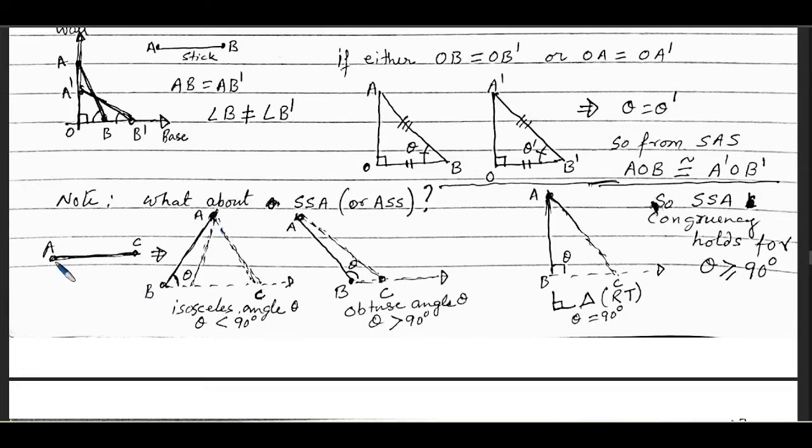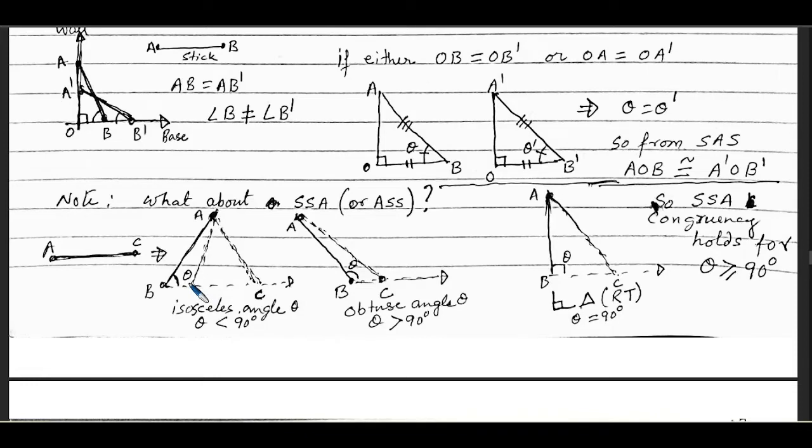Suppose you have this angle subtended and BC is some ray, and this is angle theta. This is acute, less than 90 degrees, and you are given a stick here. You can place the stick either like this, or like this.